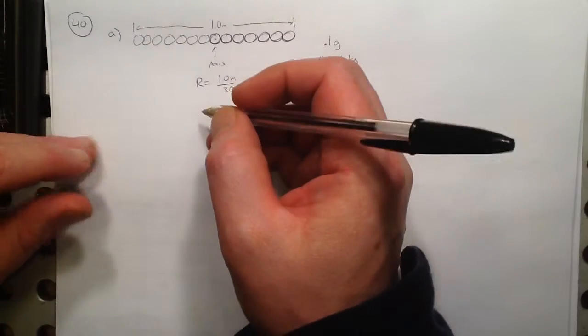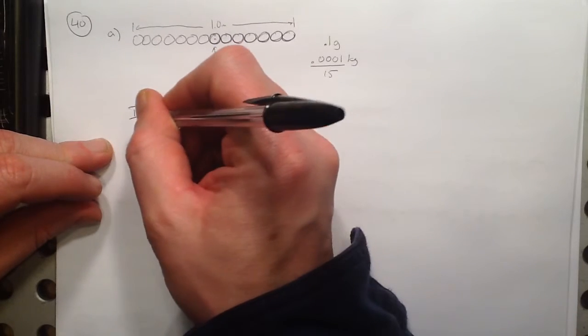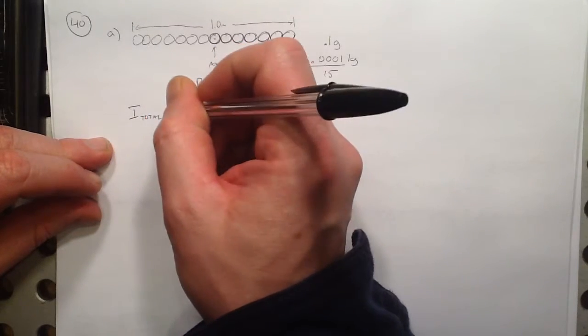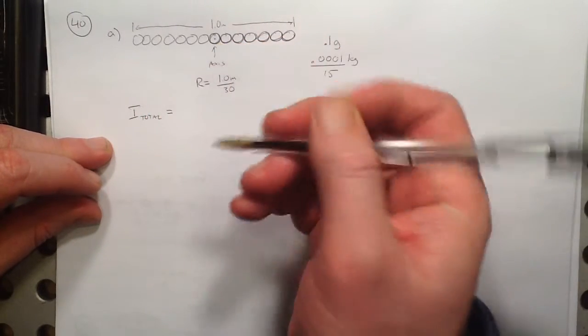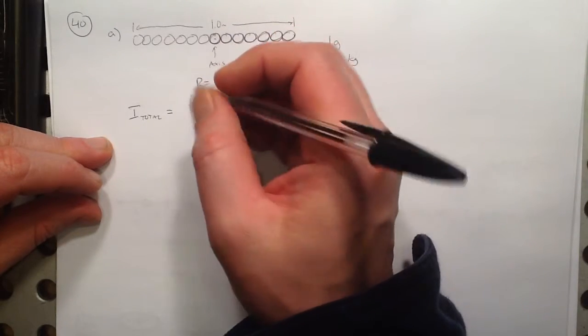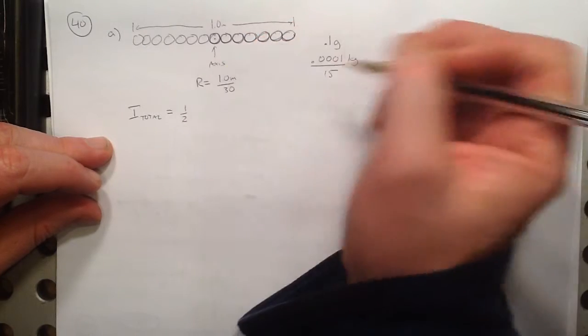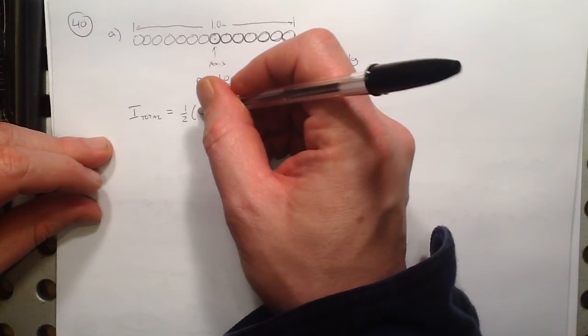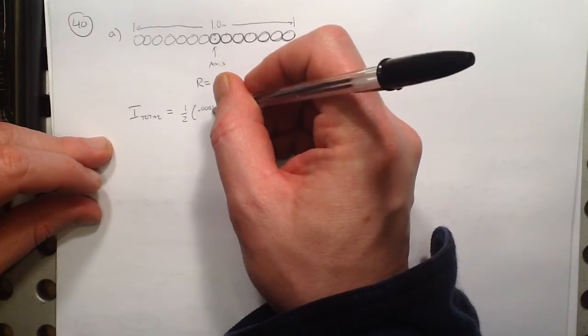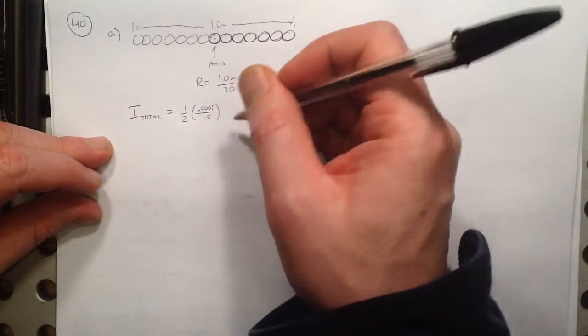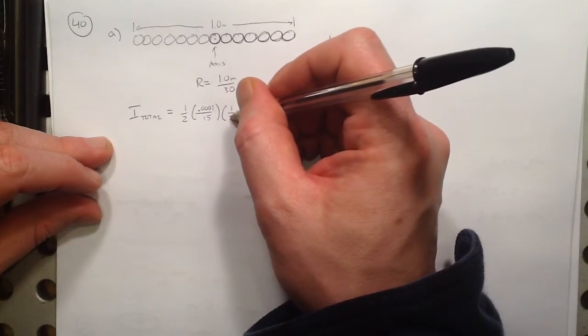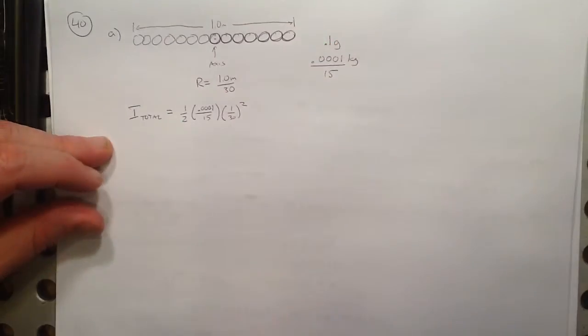Okay, so the total rotational inertia, the middle one is actually a disk rotating about its center. So that's 1/2 times m times r squared.